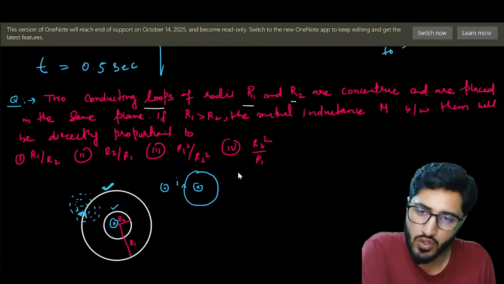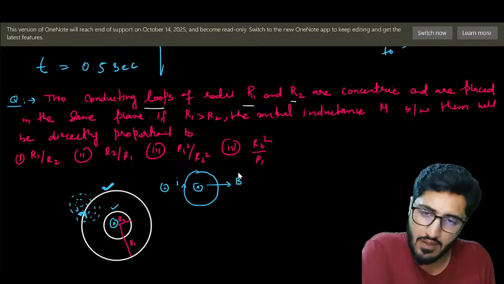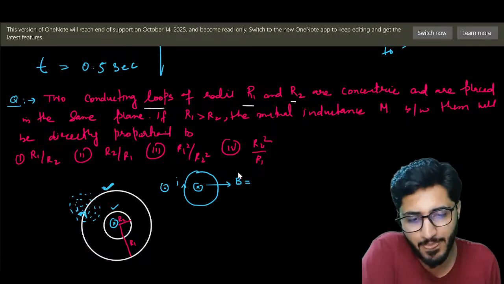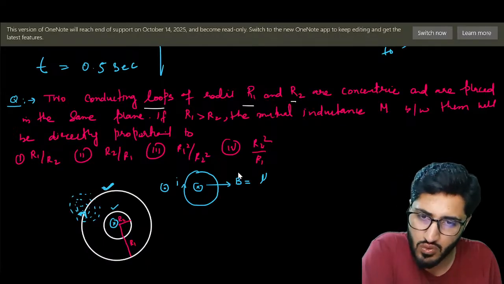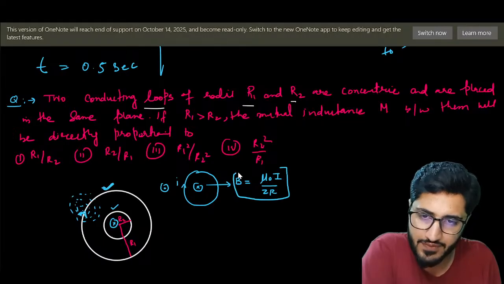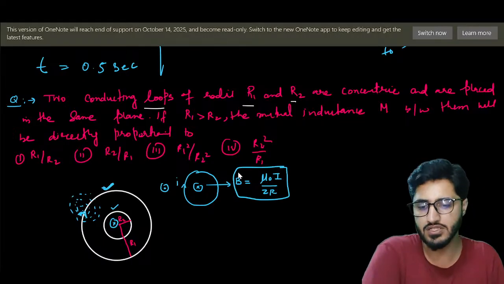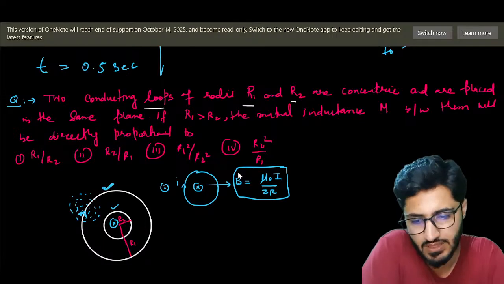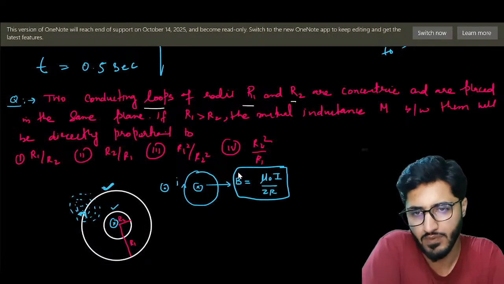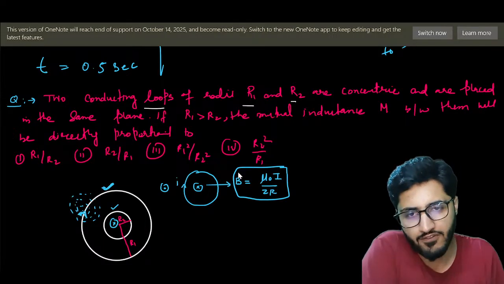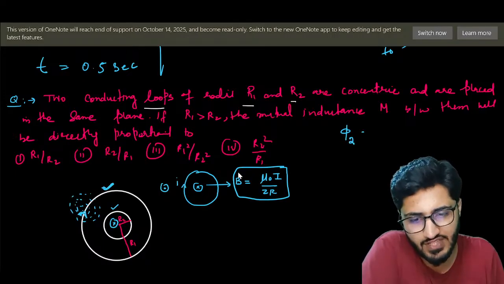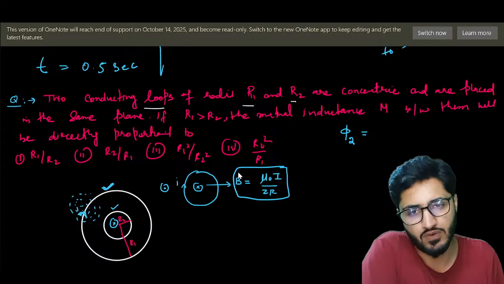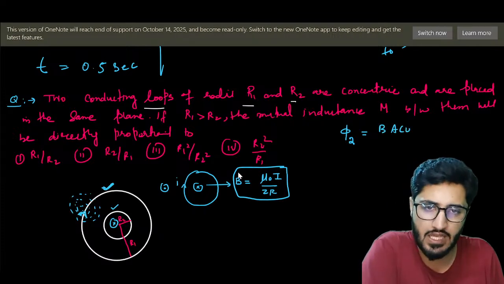Do you know what the value of this B at the center is? It is mu naught I divided by 2R. Now, what is the formula for phi? Flux in the second is B A cos theta.